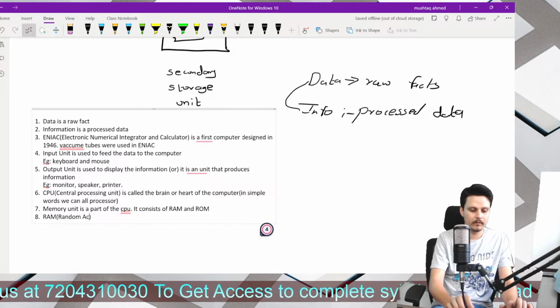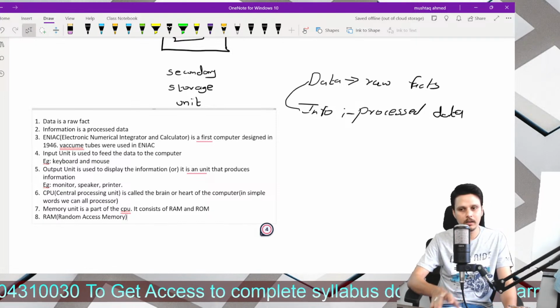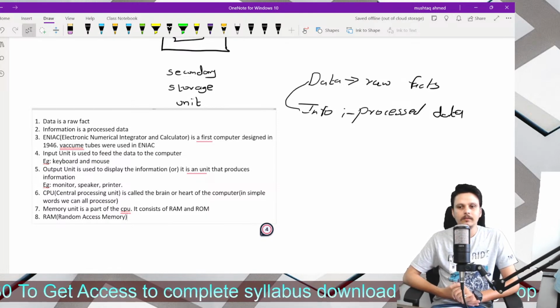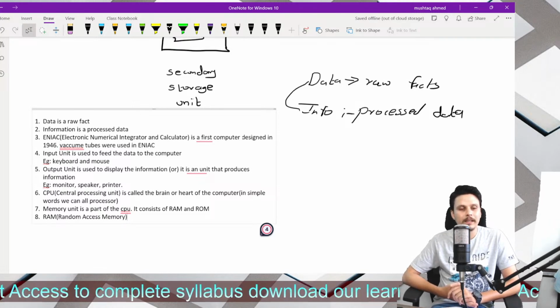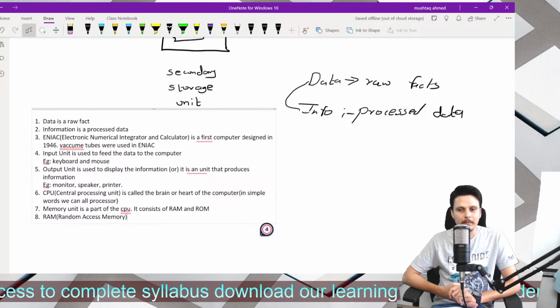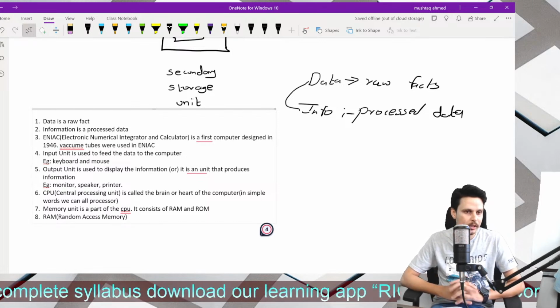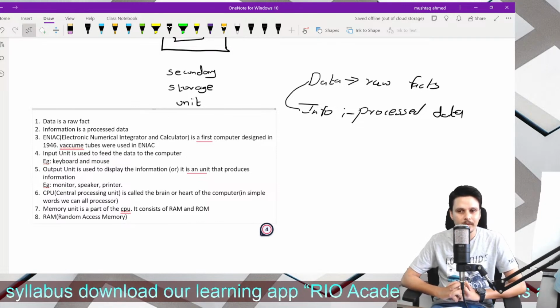RAM is random access memory and ROM is read-only memory. So RAM is also a memory and ROM is also a memory. But what is the difference between the two?